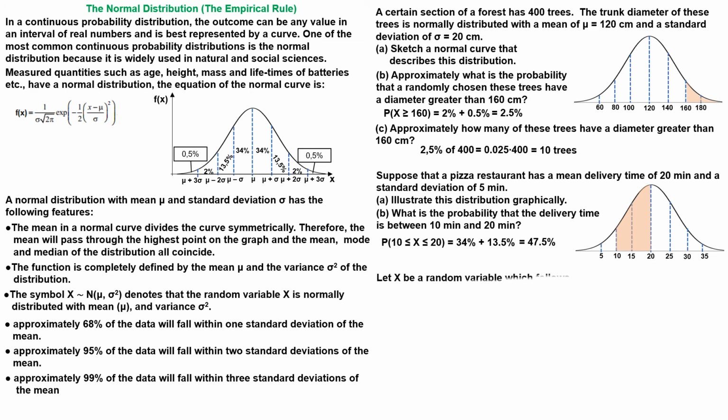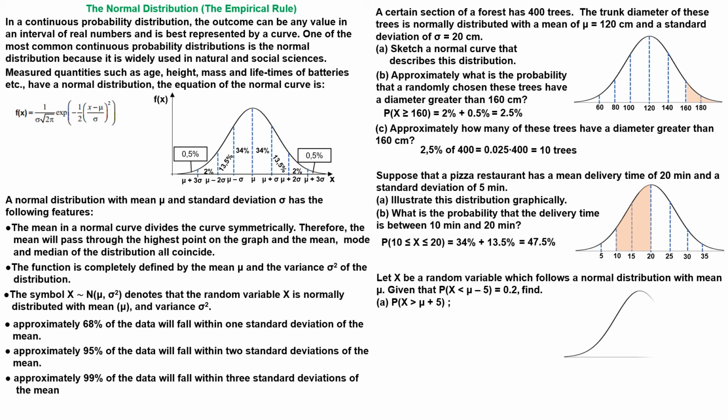Let x be a random variable which follows a normal distribution with mean μ. Given that the probability of x is less than μ minus 5 is 0.2, find the probability of x is greater than μ plus 5.